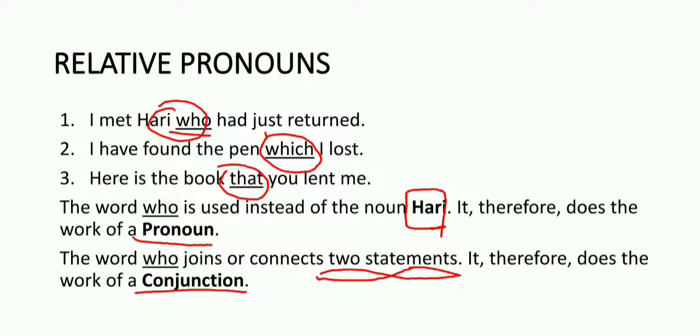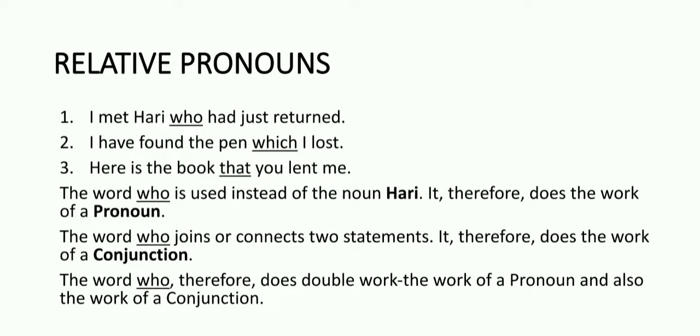Because they are doing double action: one action of a pronoun and the second action of a conjunction. So the word who does double work. The first work is the work of a pronoun and the second work is that of a conjunction. Hence it is called a conjunctive pronoun.